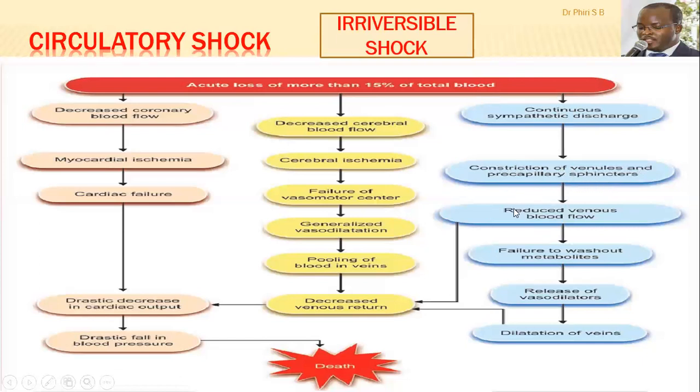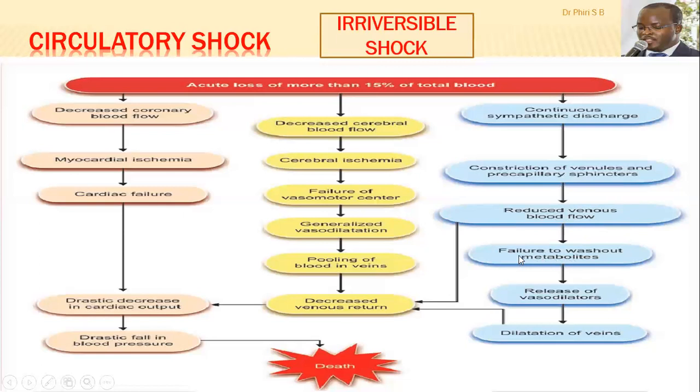Then you're going to have reduced venous blood flow because you have the constriction of the venules and also the precapillary sphincter. So blood is not moving from the arterial system to the venous system. That will result into reduced venous blood flow, then failure to wash out metabolites.